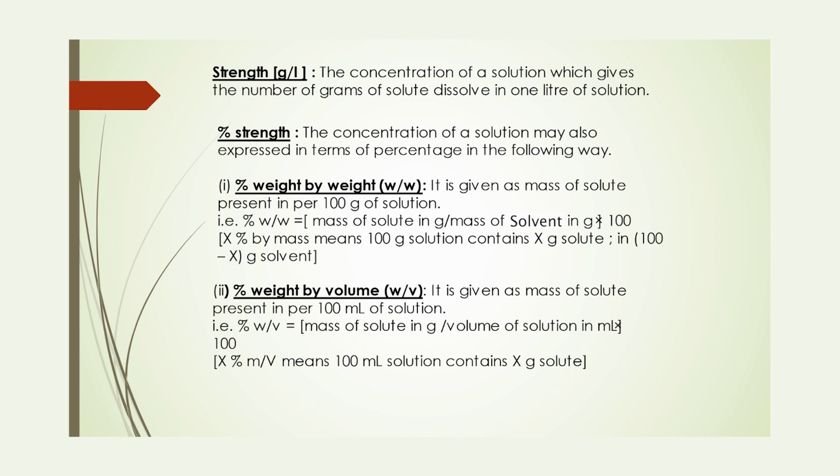The mass of solute is 2.5 gram. Volume of solution is 50 ml. So, percent mass by volume is equal to 2.5 gram divided by 50 ml into 100, which is equal to 5% mass by volume. Clear? It is a 5% m by v solution.